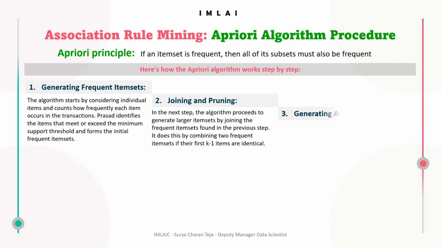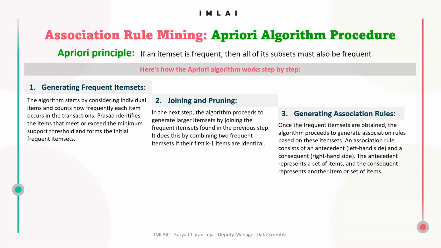And the third step, generating association rules. Once the frequent item sets are obtained, the algorithm proceeds to generate association rules based on these item sets. An association rule consists of an antecedent, the left hand side, and a consequent, the right hand side.